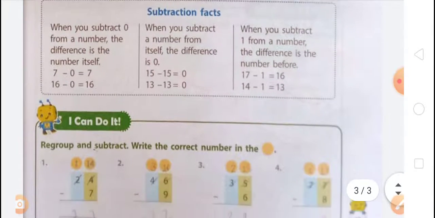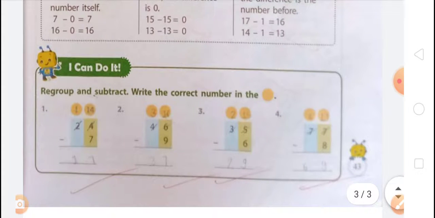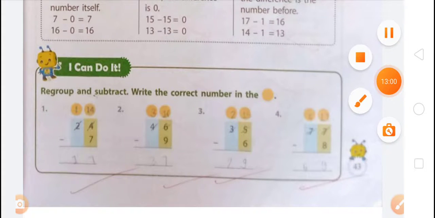And now come on, I can do it. Here we have to subtract. There are some examples. In the first question, 24 minus 7, you can see there are not enough ones. So regroup 1 ten into 10 ones.